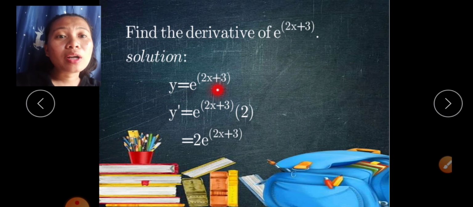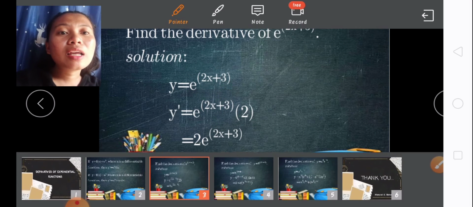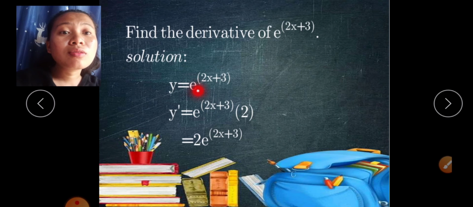So atong rules gaya, rule number 1, ato lang i-copy ang exponential function, which is a to the 2x plus 3, then we multiply the derivative of the exponent of our given.